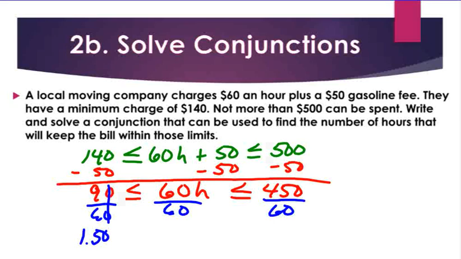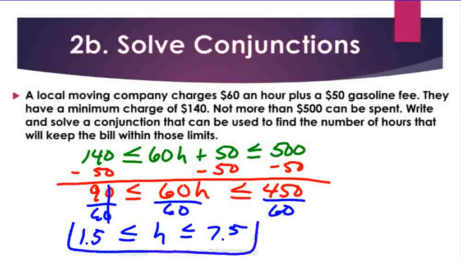So 1.50 is less than or equal to h, the hours, so an hour and a half, to 450 divided by 60, which gives us 7.5. So the number of hours that can be used would be 1.5 to 7.5 hours.